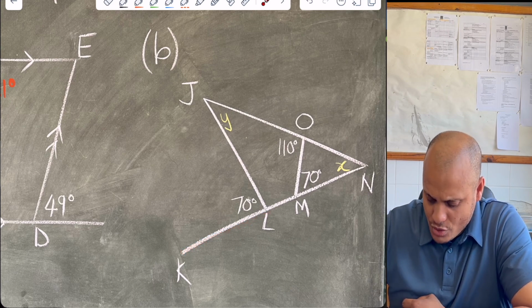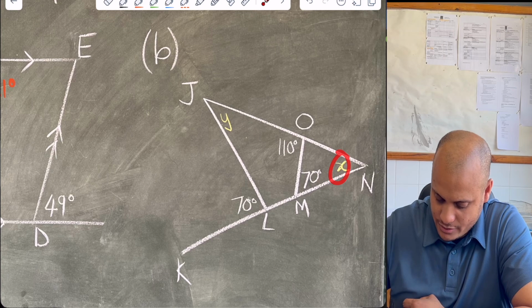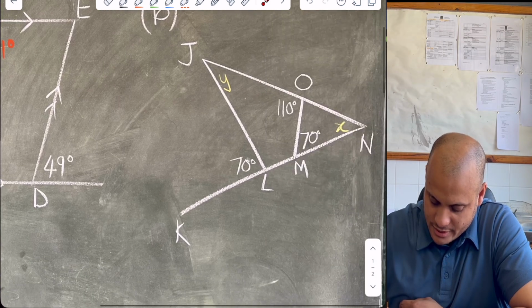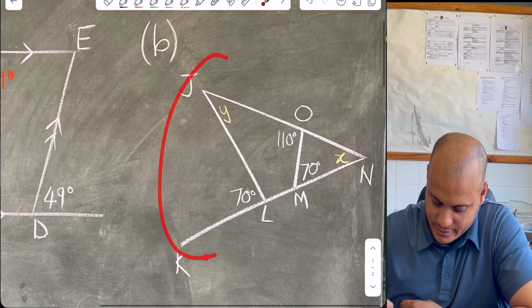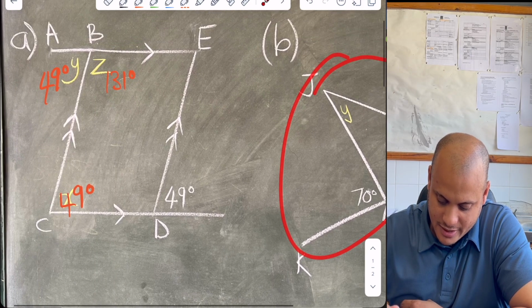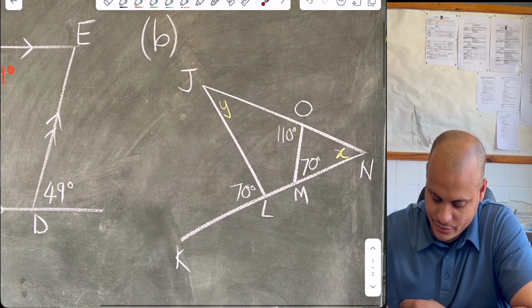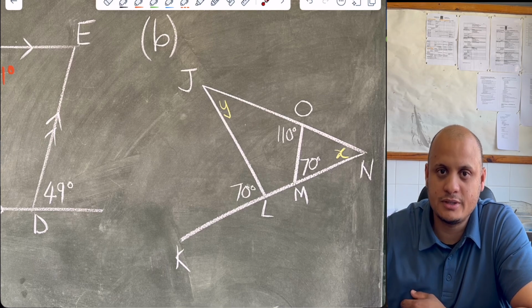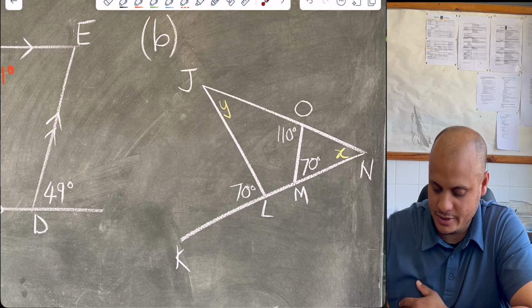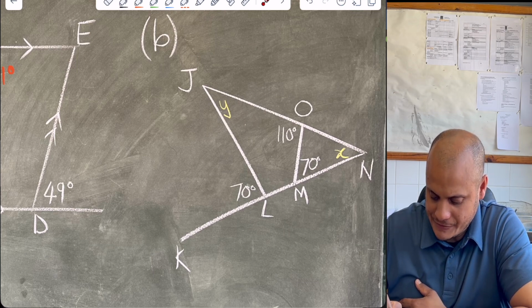So we need to find angle X and angle Y. One thing I can pick up here is that this diagram does not have any parallel lines, so we will not be making use of alternate angles, corresponding angles and co-interior angles. So that is out.